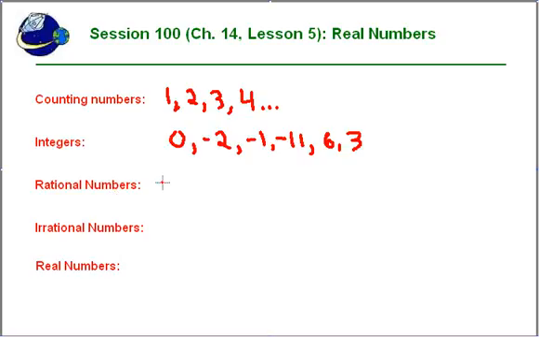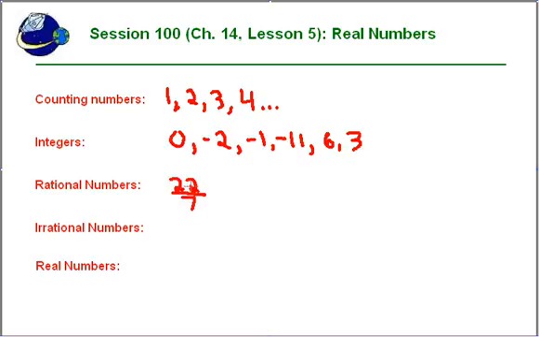For example, remember, a rational number is just a number that can be written as the quotient of 2 integers. Is 22 over 7 a rational number? Sure it is. 22 is an integer, 7 is an integer, and the quotient of an integer is a rational number.